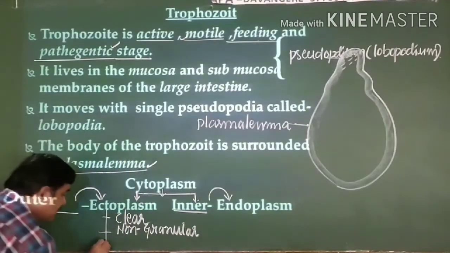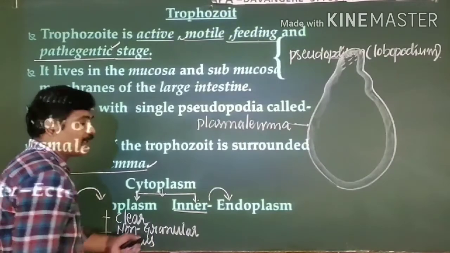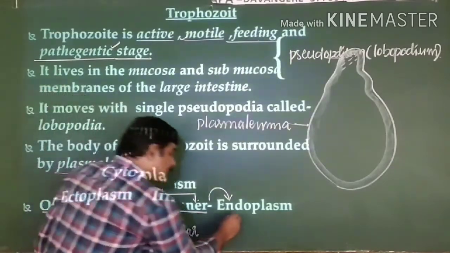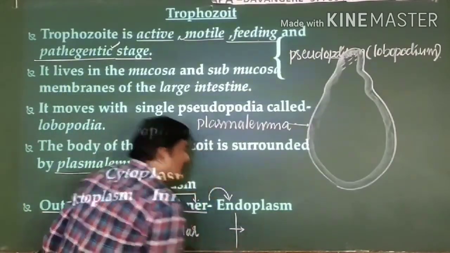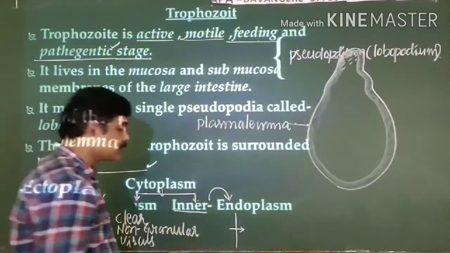The difference between these two is that the ectoplasm is the clear, non-granular, viscous part, whereas the endoplasm, which is present internally, is the granular part.